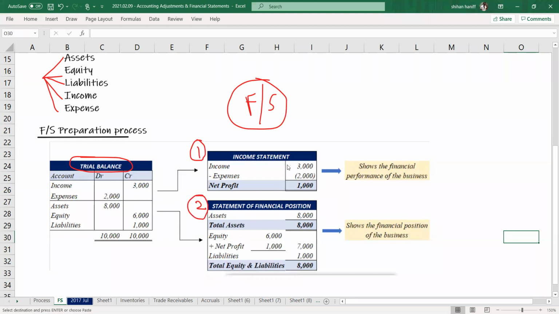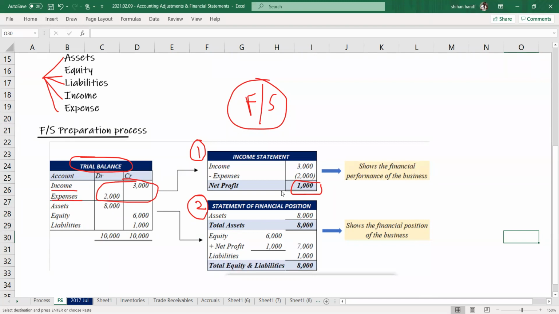Using the income statement, we calculate the net profit. How do you calculate the net profit? Income minus expenses. We take income and expenses from the trial balance. Income minus expenses will be net profit.